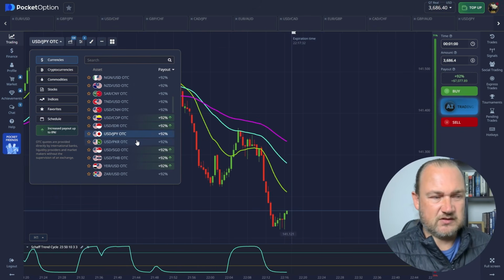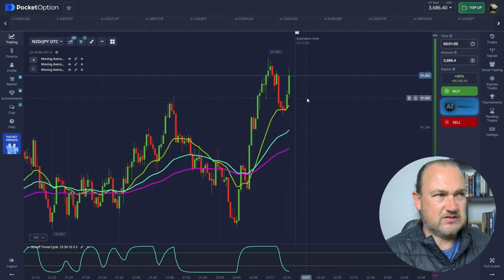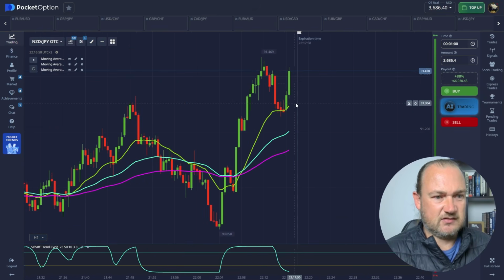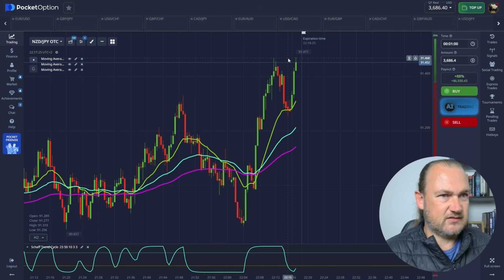We should pick up something relatively shortly. This looks like it might give us a decent entry. If this does push downwards from here and doesn't clear this area, we'll go to the next asset.